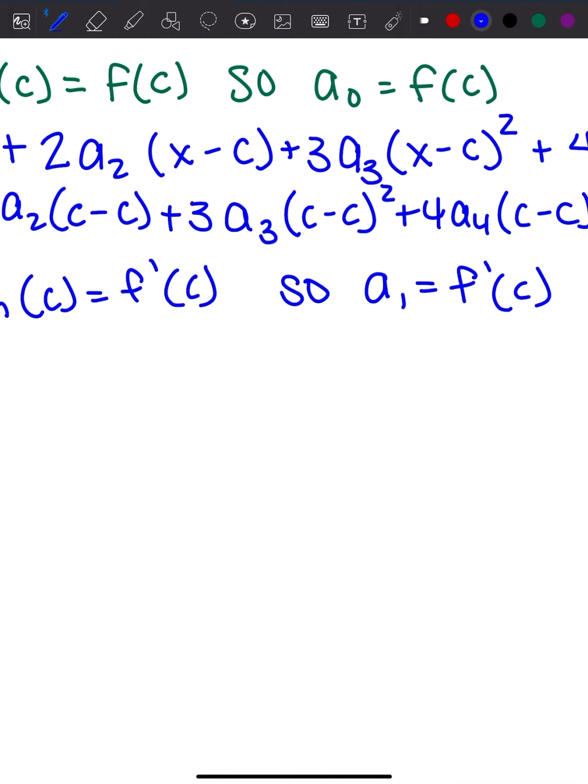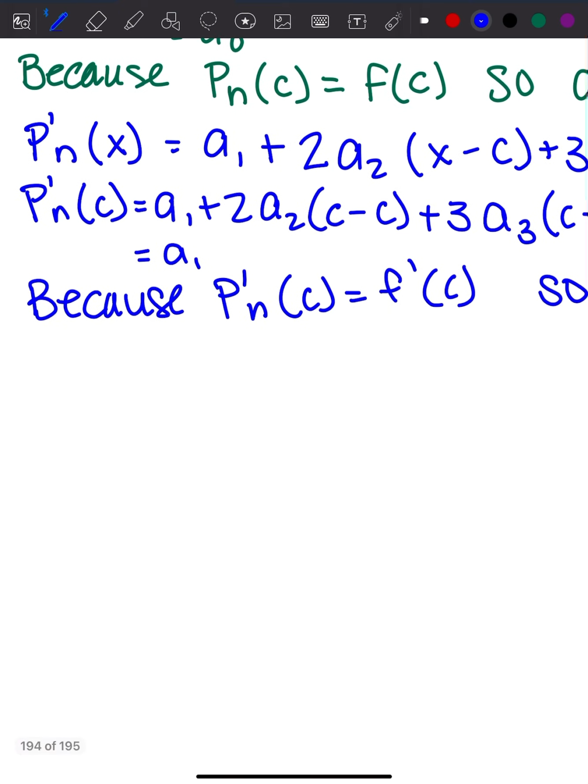Okay, now we look at the second derivative. So p double prime n of x. We take the derivative. A sub 1 is a constant, so now we're looking at 2 a sub 2 times x, but that goes away, plus.